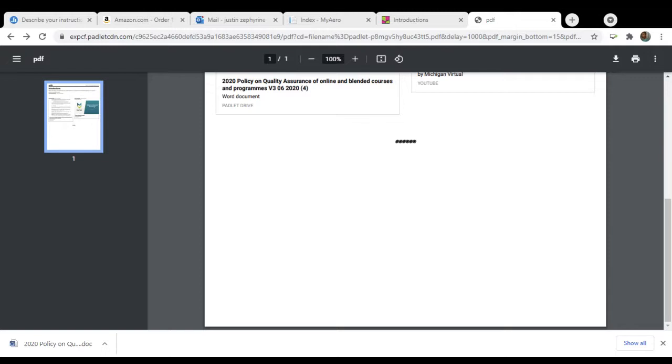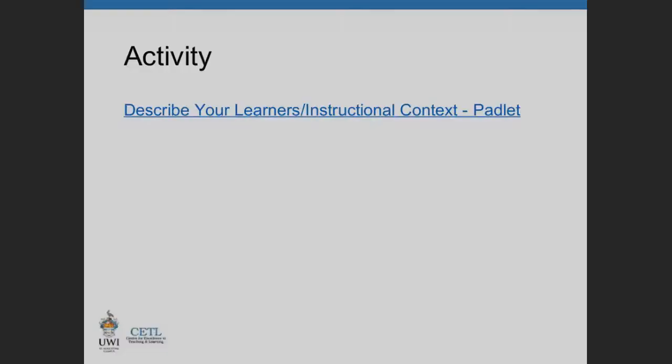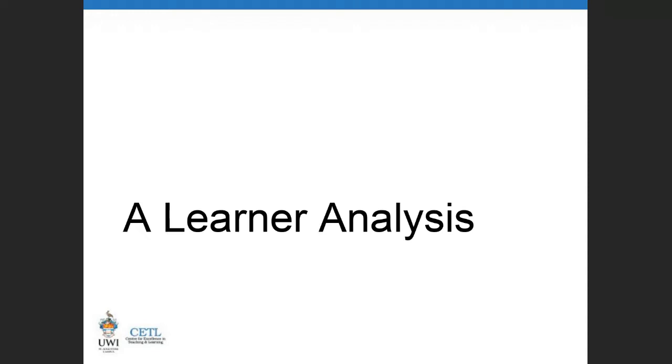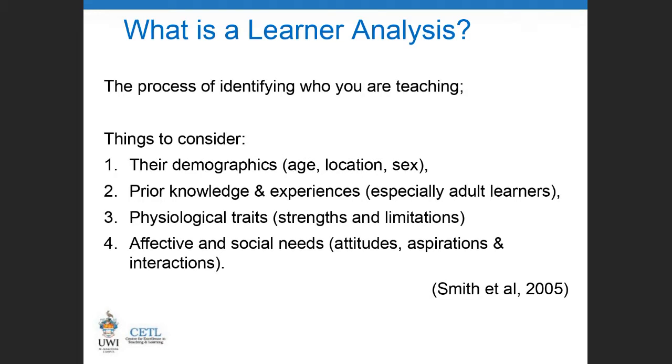So let's go back to the real premise for how we segued into Padlet. So remember, you were really to describe your learners, and many of you identified your learners as fairly young. They come with a certain bit of prior knowledge, and I like that we spoke about that, because there are some general things that you might observe with your learners.